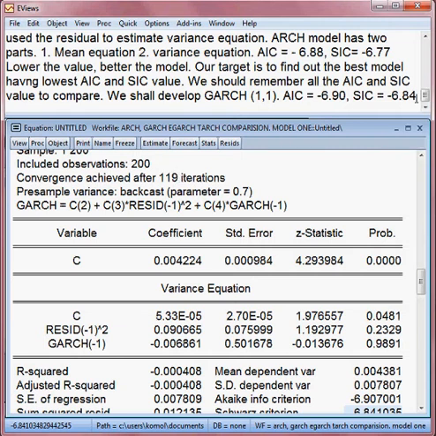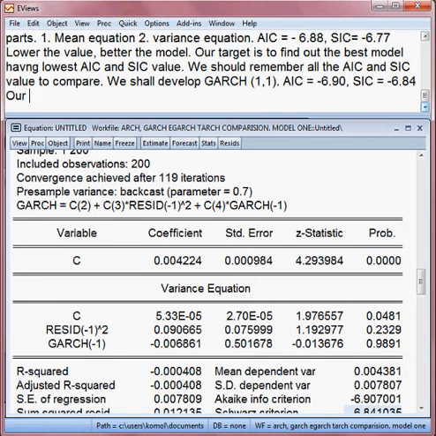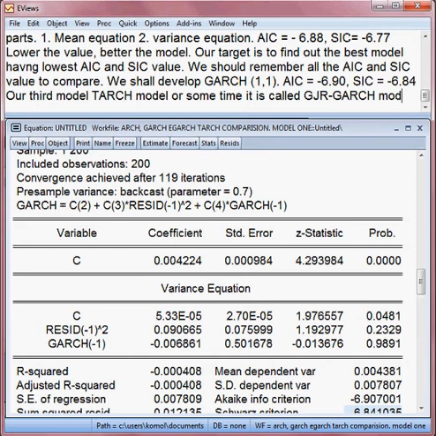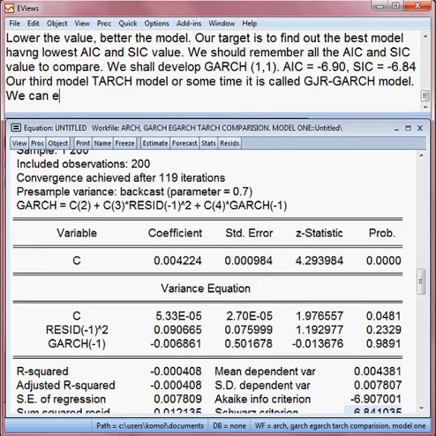Sometimes it is called the GJR GARCH model. And here we can estimate it now.